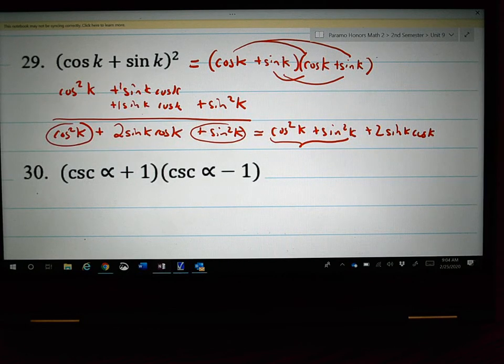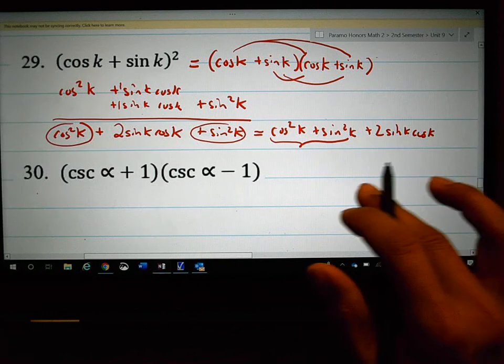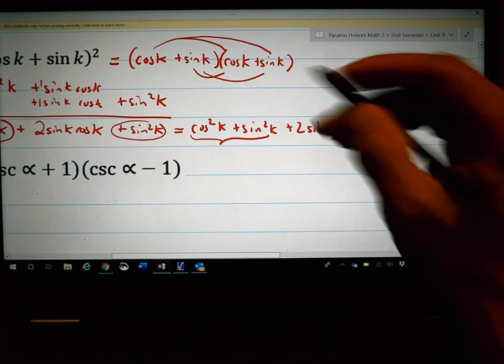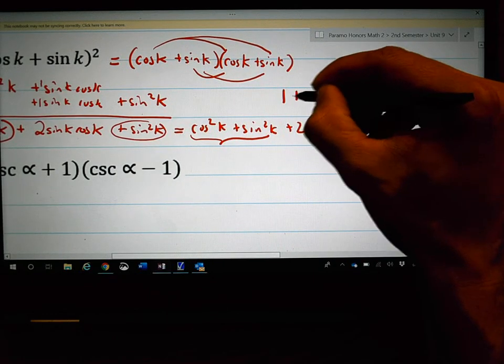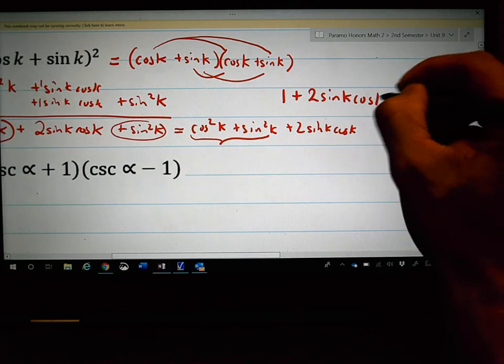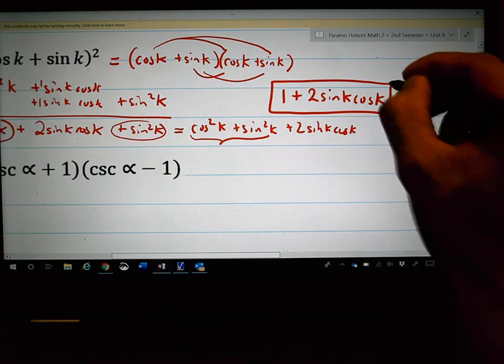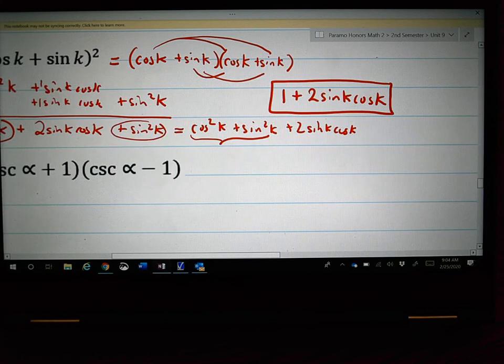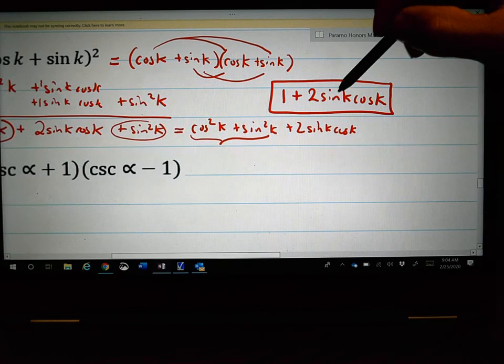Which means my final answer should be, in either order, 1 plus 2 sine k cosine k, or 2 sine k cosine k plus 1, or if you wrote the cosine k first and the sine k second, that is totally fine as well.